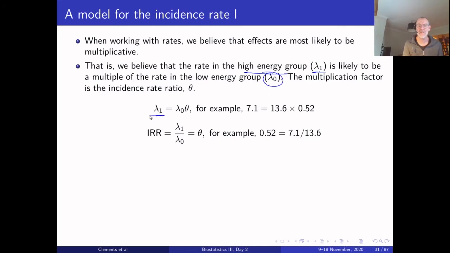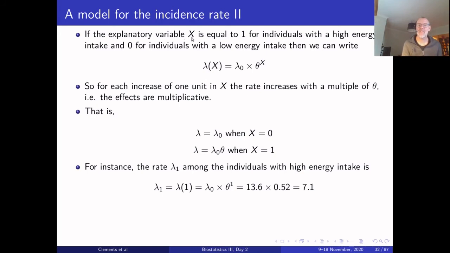So lambda 1 is equal to lambda 0 times theta. That means 7.1 per 1,000 is equal to 13.6 per 1,000 times 0.52, or theta is equal to lambda 1 over lambda 0.